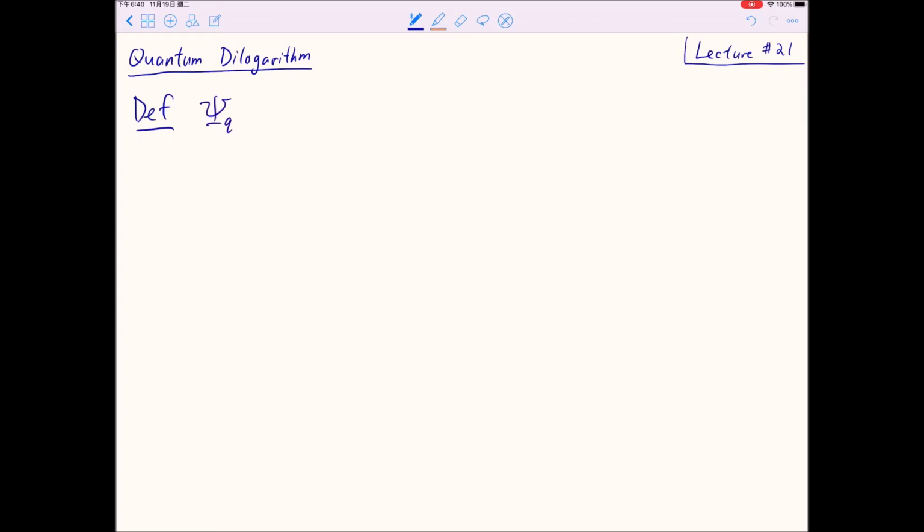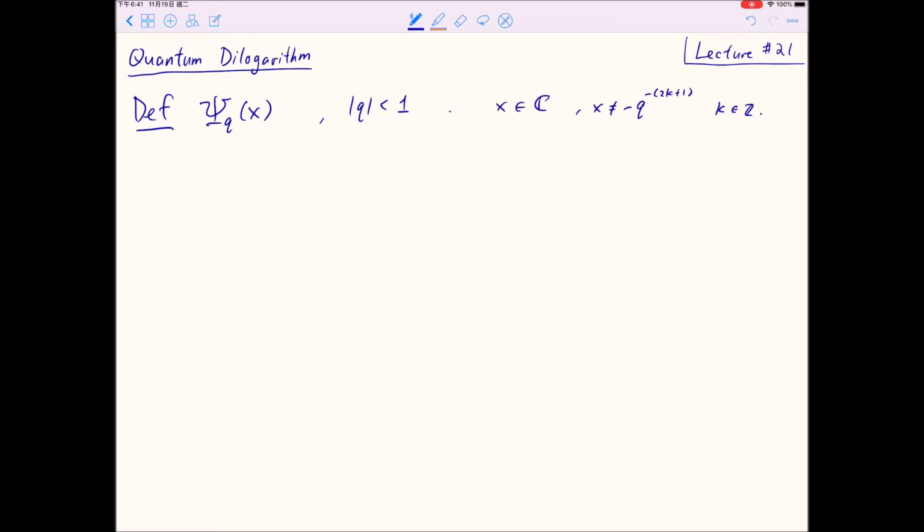Our function will be denoted by psi_q(x), where first of all, q is a complex parameter whose modulus is less than 1. We let x be the argument, where to avoid division by 0, we will say x does not equal q to the minus 2k plus 1 for positive integer k.